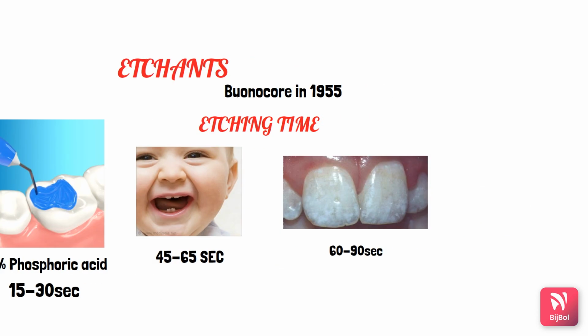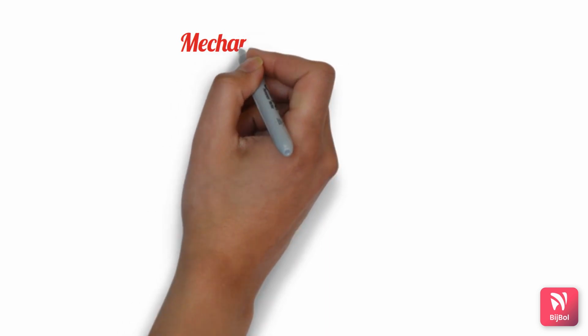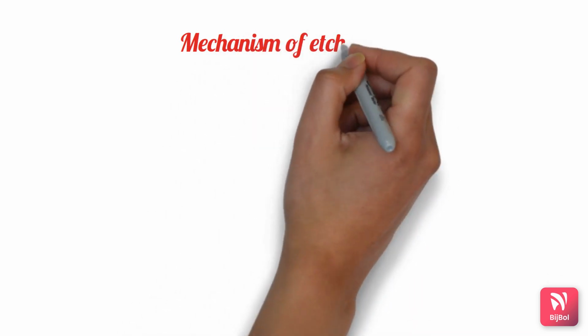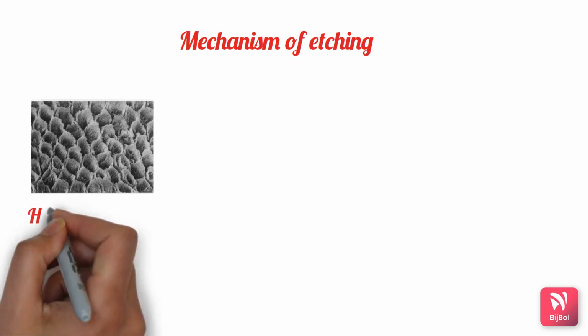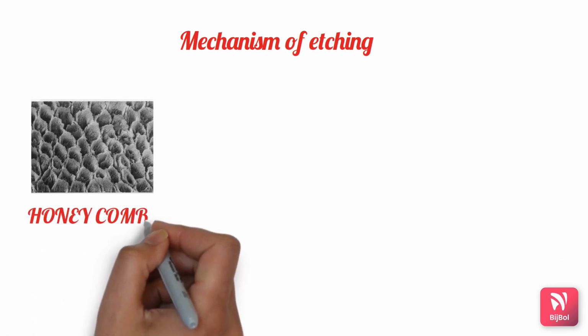Now we can learn about the mechanism of the etchant. The etched enamel microscopically shows three patterns. Type 1 is the dissolution of the prism cores, leaving the prism peripheries intact, which gives a honeycomb appearance under the microscope.